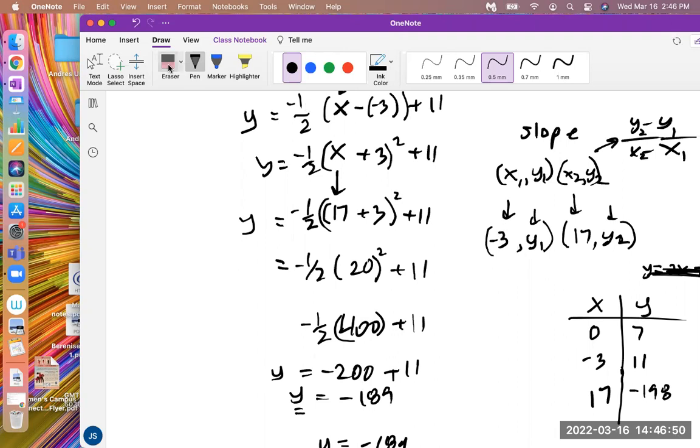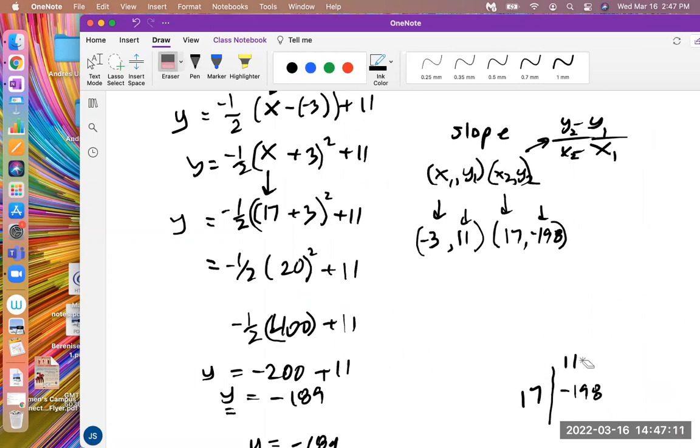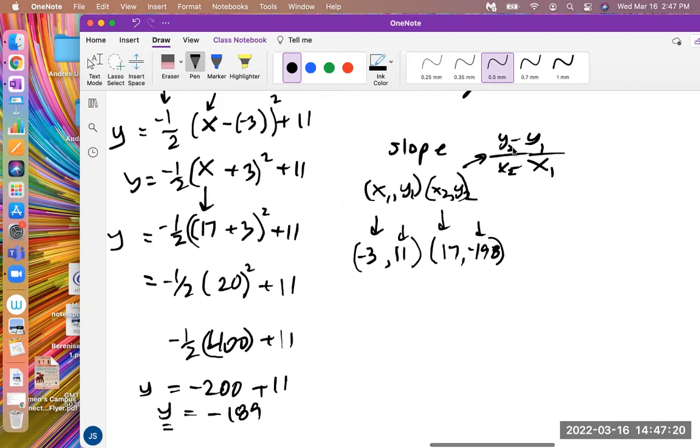All right. So now I'm plugging into this slope formula. You have to be very careful here. For y2, I'm going to plug in this -198.